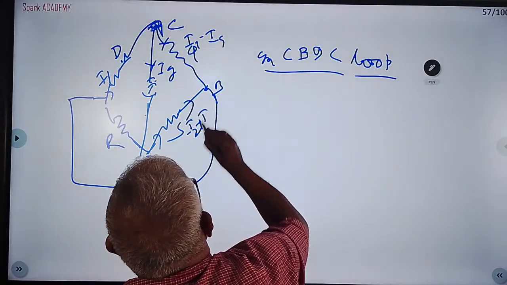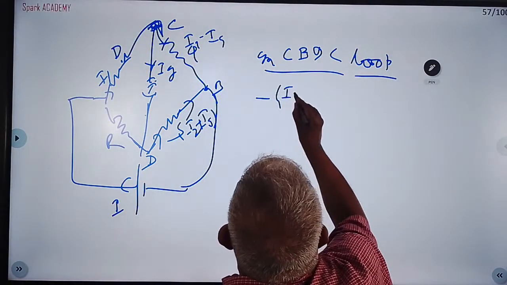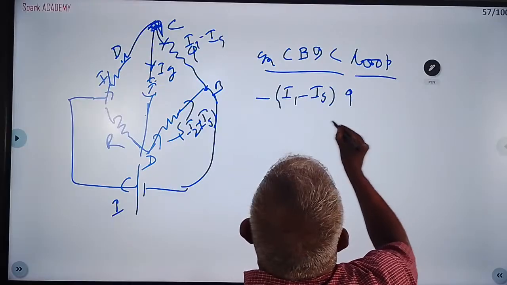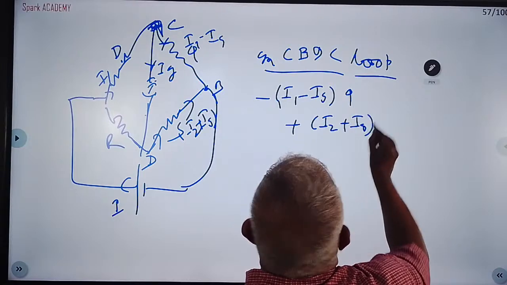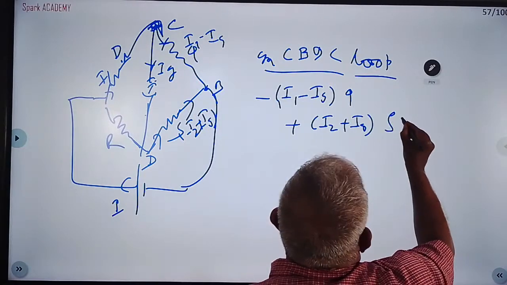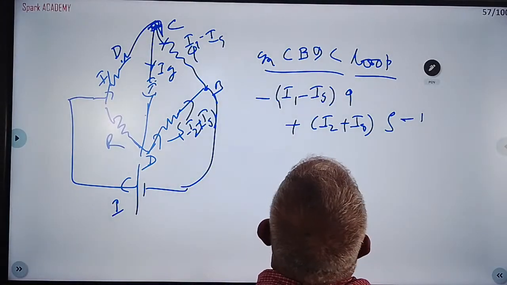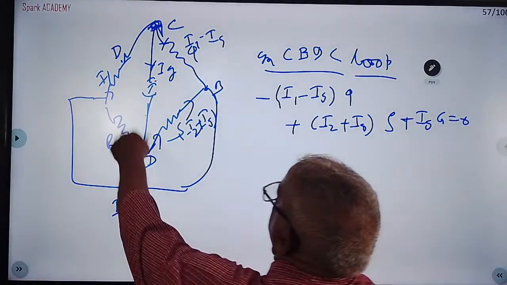I am writing: minus (I1 minus Ig) into Q plus (I2 plus Ig) into S plus Ig into G is equal to 0.